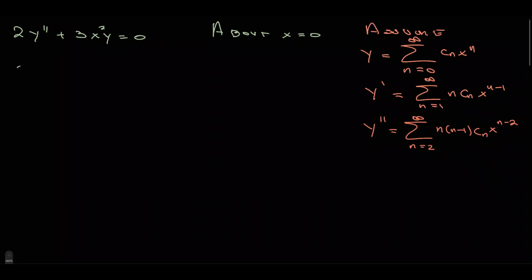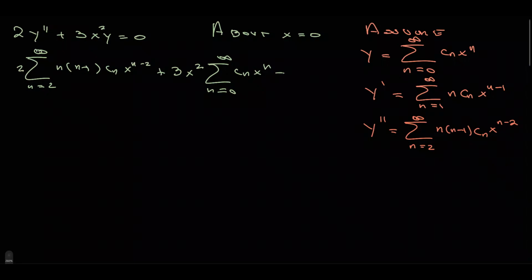So this will be 2 times Σ (n=2 to ∞) of n(n−1)cₙxⁿ⁻² plus 3x² Σ (n=0 to ∞) of cₙxⁿ, and let that be equal to 0.